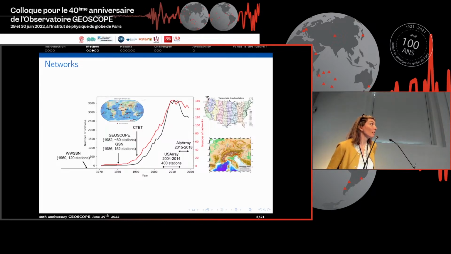And you see here a graph. I just downloaded the list of stations, so it's maybe not the exact curve, but that's what was available. And you see the explosion of the number of stations, and that really made possible the tomography that we have today with the resolution we reach today.